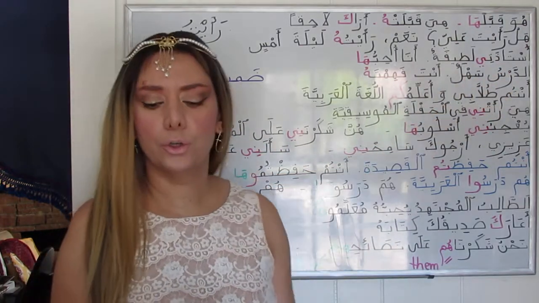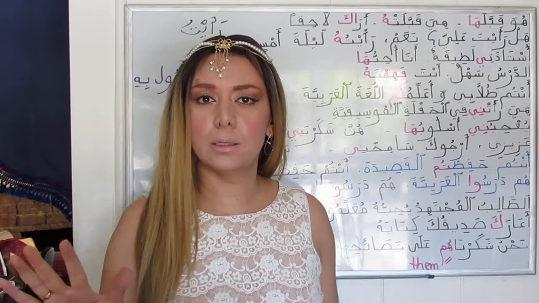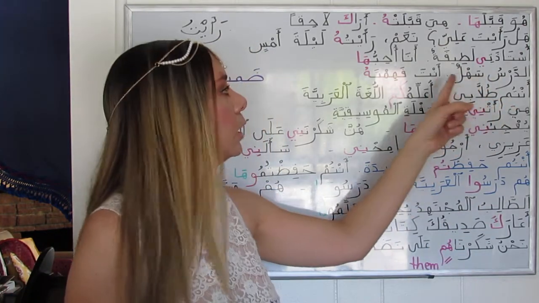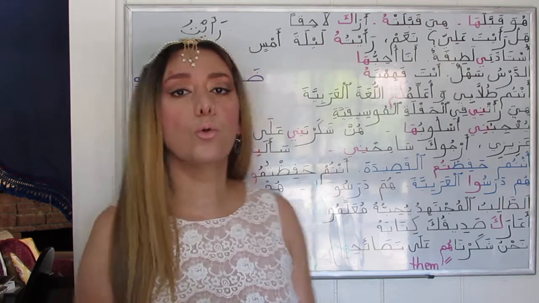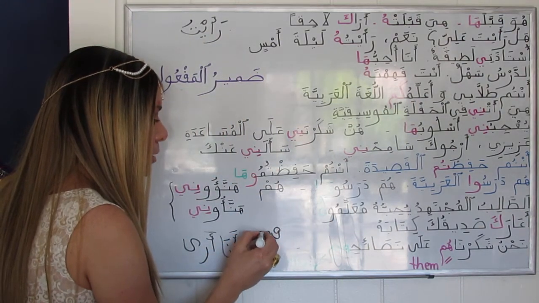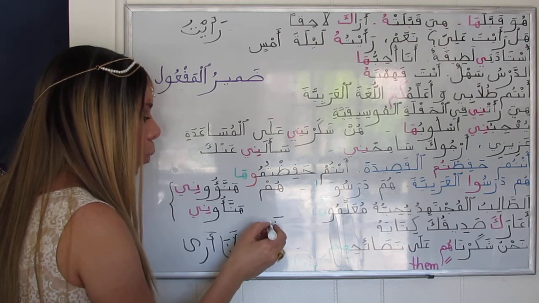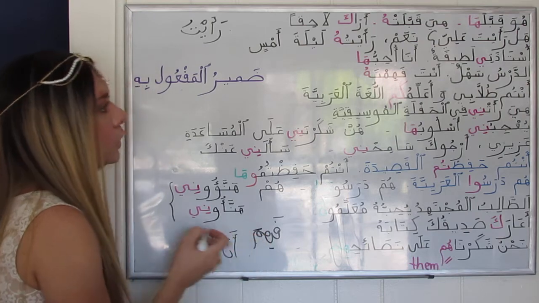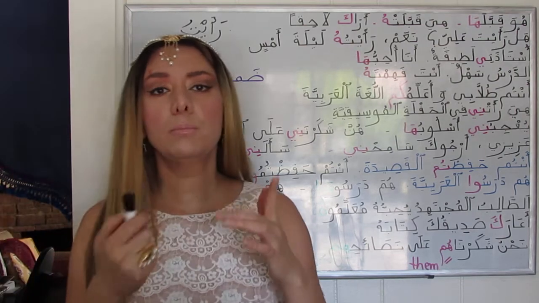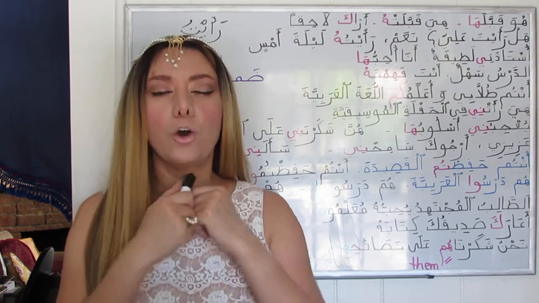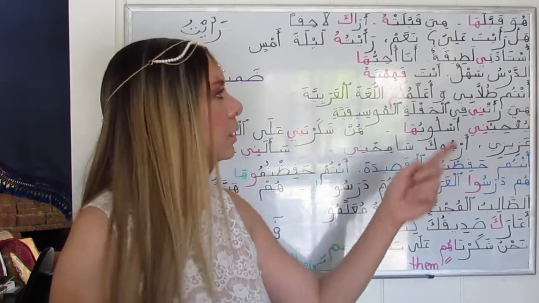الدرس سهل. The lesson is easy. أنت فهمته. فهم, to understand, conjugated in the past tense. This is form 1, sound verb, فهم. أنت فهمته. You understood it, instead of you understood the lesson.